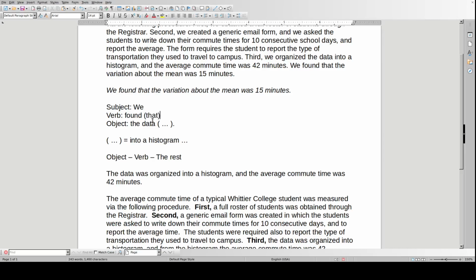We found that. That is necessary to stick with the verb, because you're about to make a comment about what was found. So we found that the variation about the mean was 15 minutes.